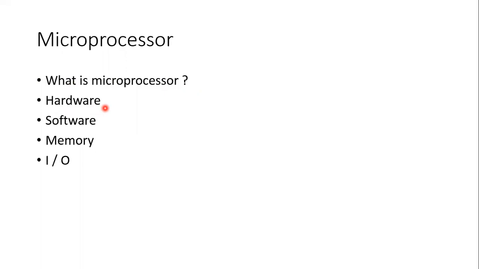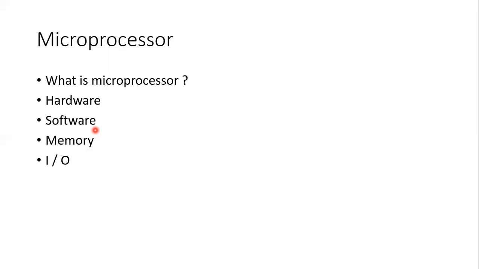Software is a set of instructions written for the microprocessor to perform a task. Also it is called the program. And a group of programs is called the software. Okay? So software is a set of programs. A program is a set of instructions to perform a task.